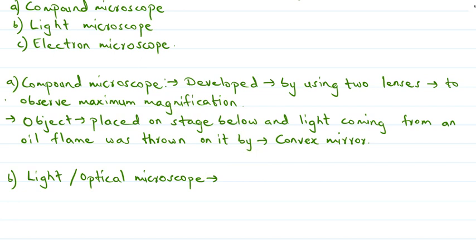It has two lenses. What are these two lenses? One is called the eyepiece lens, and the other one is called the objective lens.